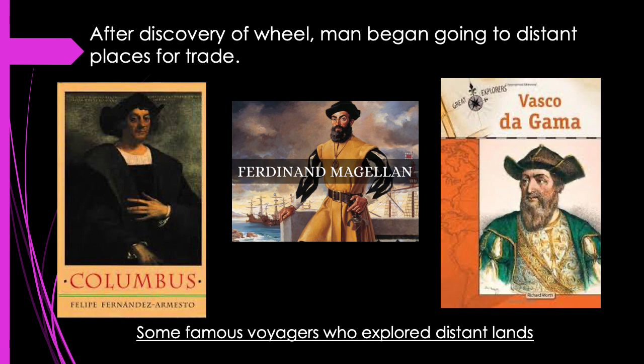After discovery of wheel, man began going to different places. Voyages became common in the late medieval period because people had the curiosity to know about far away places. Some important explorers of this time were Vasco da Gama, Columbus, and Ferdinand Magellan. Vasco da Gama reached Calicut in India in 1498.